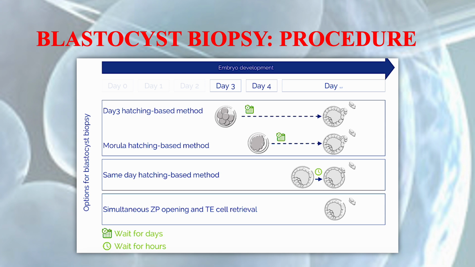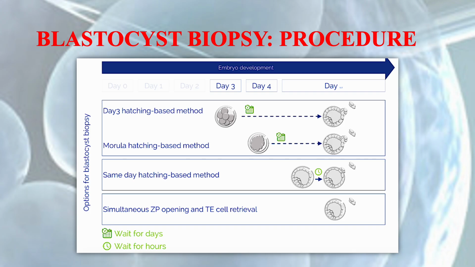You can see the cleavage stage embryo where the zona opening has been done. Wait for 2 days, from day 3 to day 5. Once the embryo becomes day 5, it will automatically hatch because the laser zona hatching has already been done.